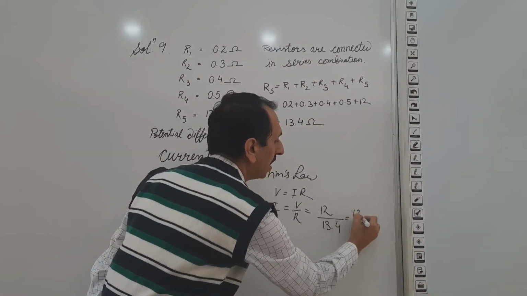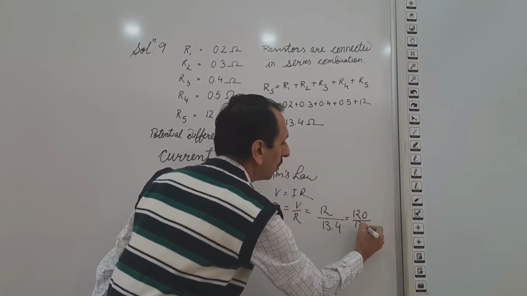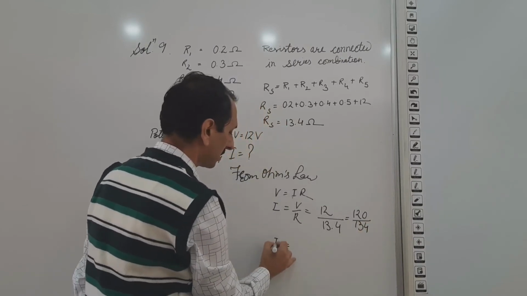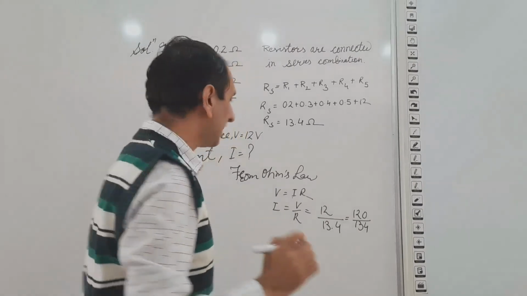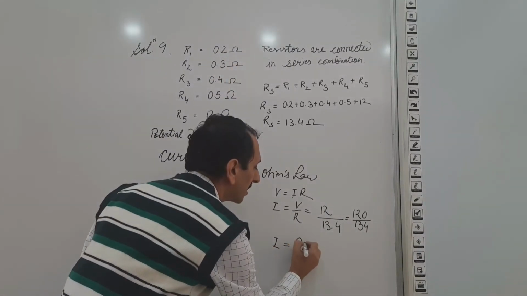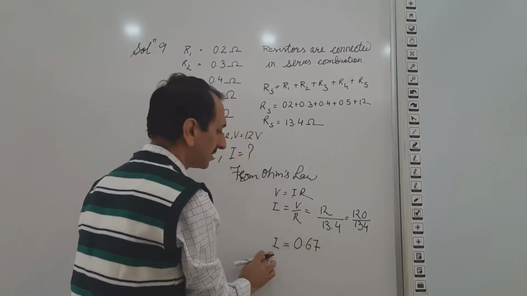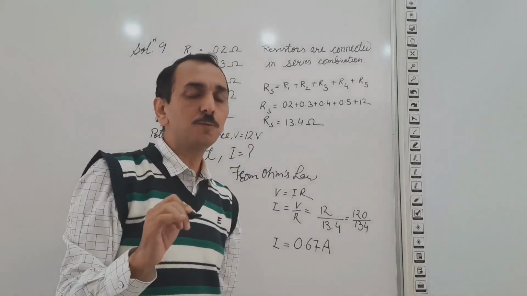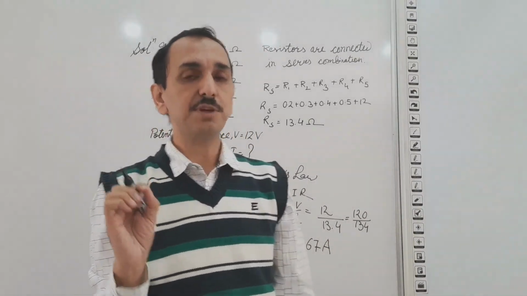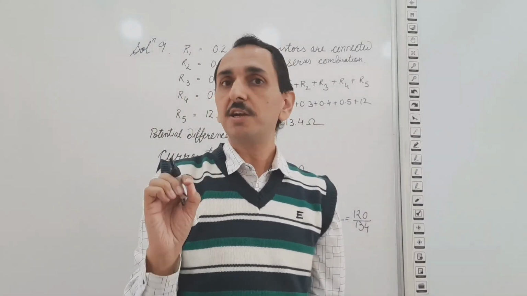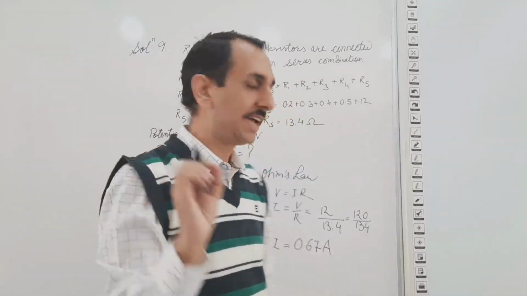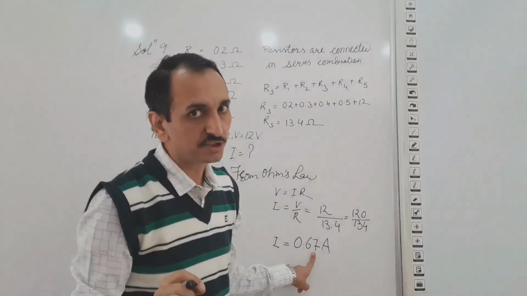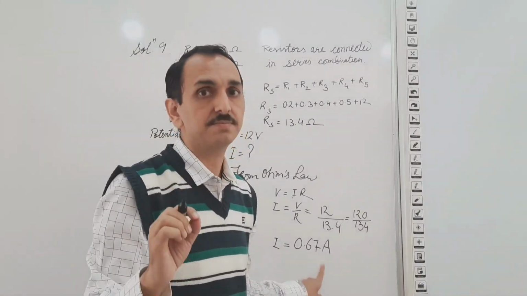It will become 120 upon 134. When we solve this, the answer will be 0.67. This is current, that's why the unit must be ampere. As we know that in the series combination, the same current passes through all the resistors. That's why 0.67 ampere current also passes through the 12 ohm resistor.